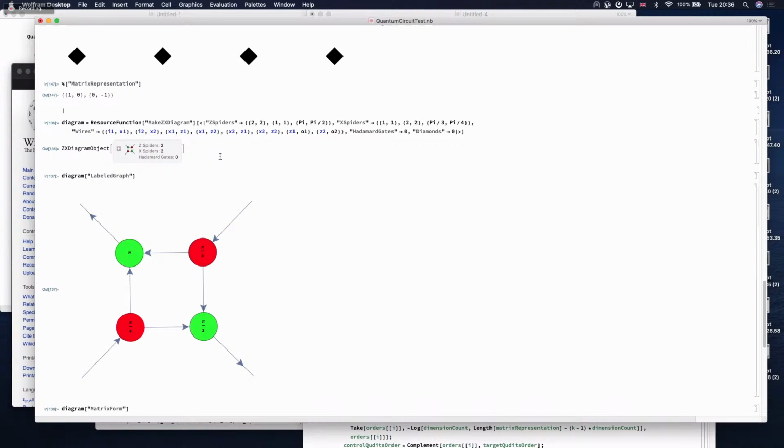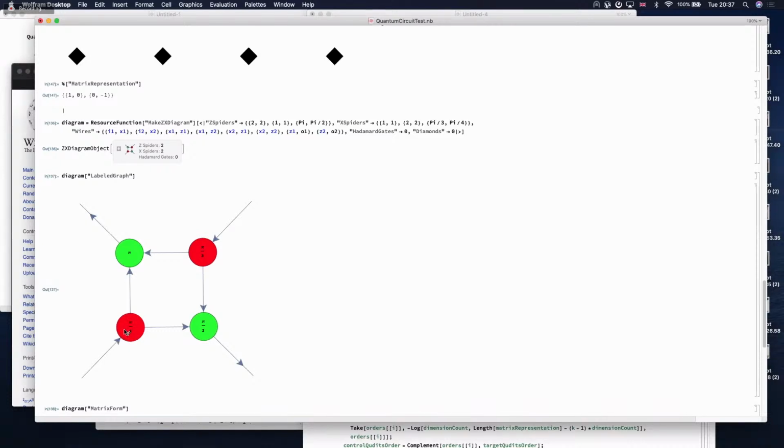In ZX calculus and in categorical quantum mechanics more generally, but ZX calculus particularly, you think of processes as being the fundamental object of study, and the states are somehow secondary, right? That's essentially what these string diagrams are giving you. Each one of these edges is a process.